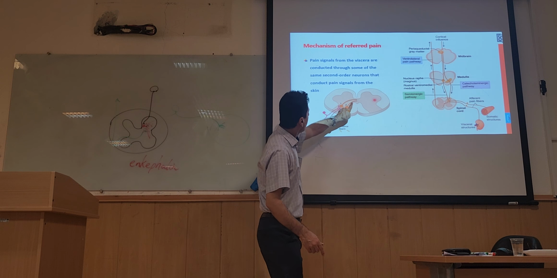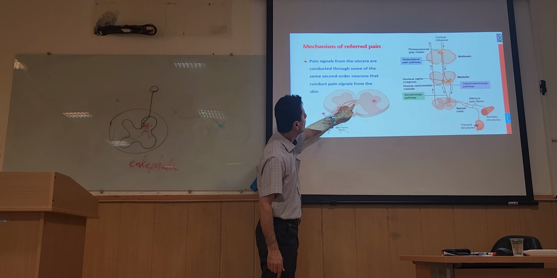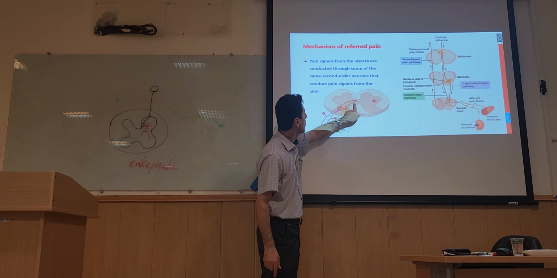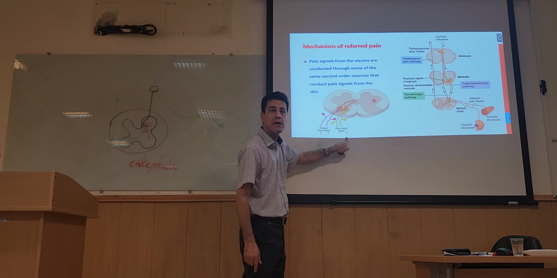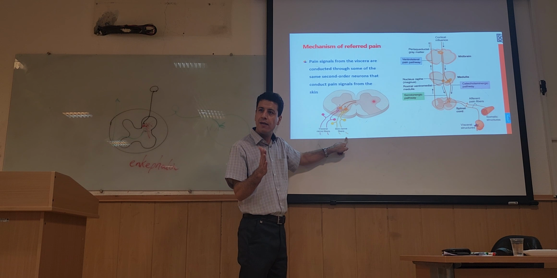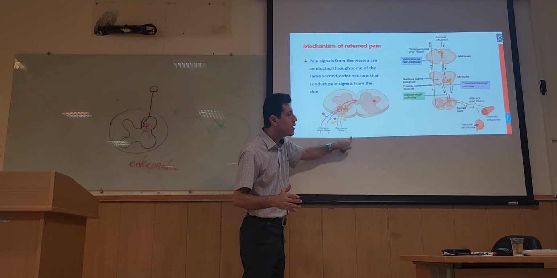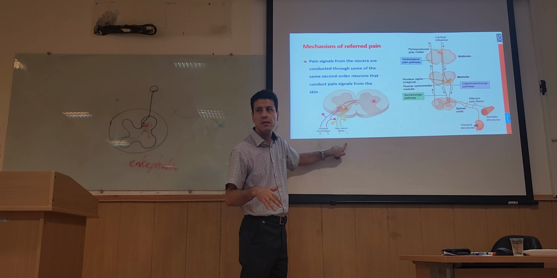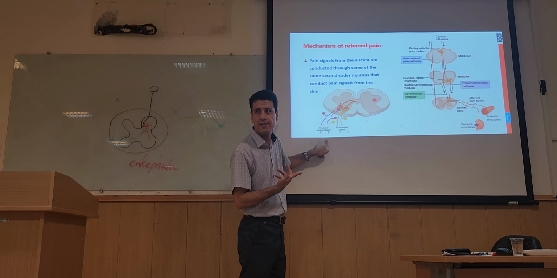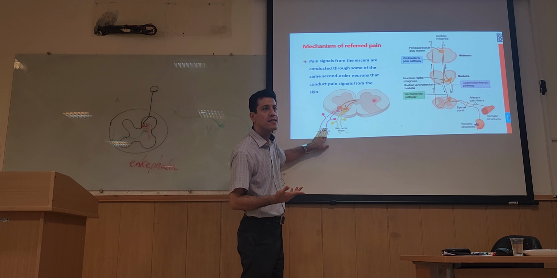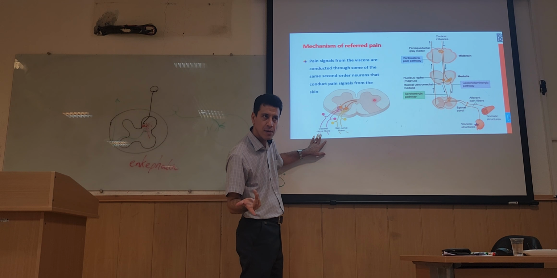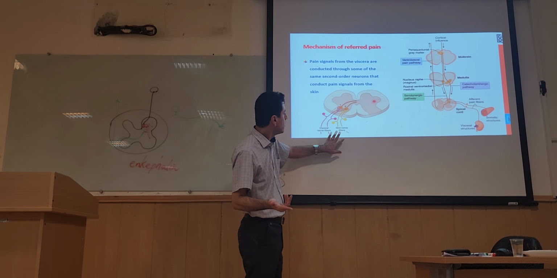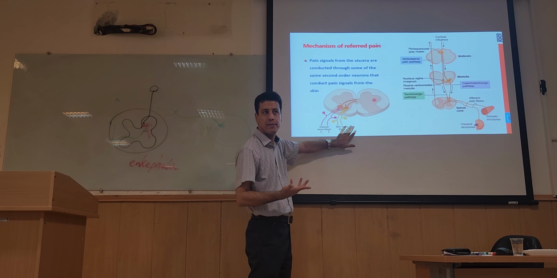So the pain that is carried through this neuron can be started from here or here. But the brain usually attributes the pain to the skin nerve. Why? Because the brain doesn't know anything about the internal organs. Okay, right? So it only understands this one.